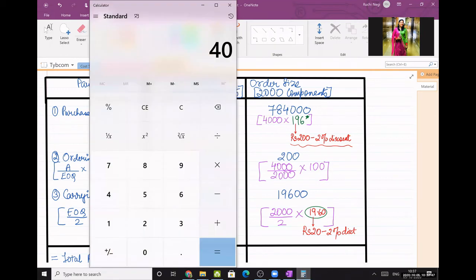So A is how much? 4,000. Divided by, according to the supplier, what should be my size of order? See, my EOQ is 200, but the supplier has said don't take EOQ 200. Madam, consider a new EOQ, new size of order should be 2,000. So divide by 2,000 into 100. So 200.